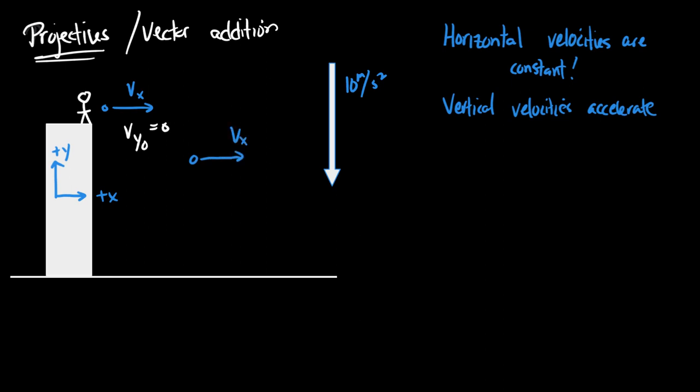So if I throw it at 5 meters per second sideways, it's still traveling 5 meters per second sideways. But over the last few moments, it has acquired a bit of a downwards velocity because it's accelerating downwards. So one component of its velocity is changing, and another component of its velocity is staying the same.